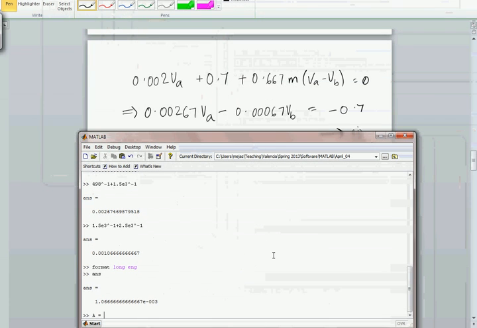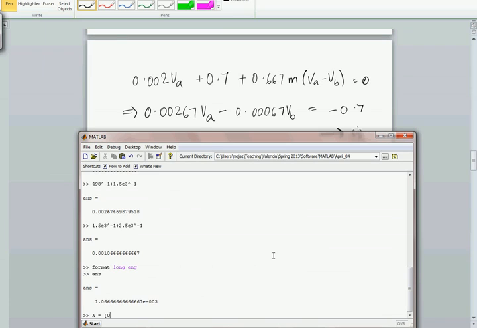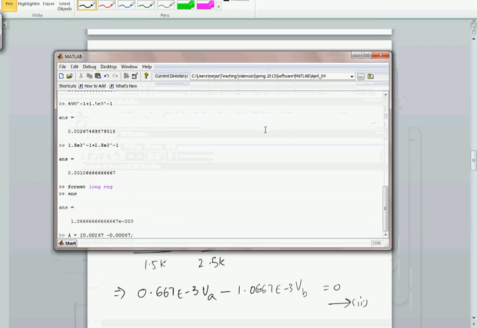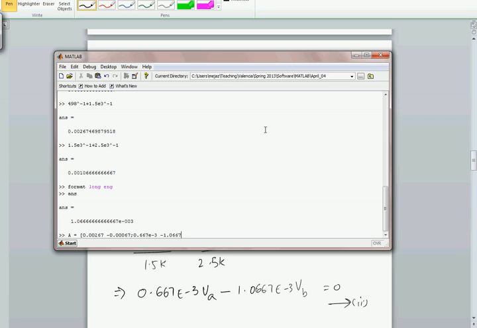Let's say matrix A is equal to 0.00267, negative 0.667 milli on the first line, and the next line is 0.667 exponent -3, -1.0667 exponent -3.